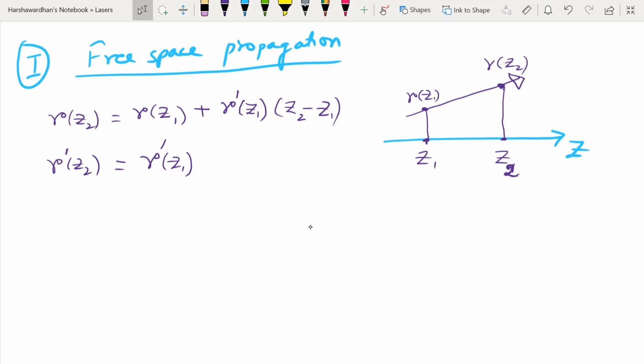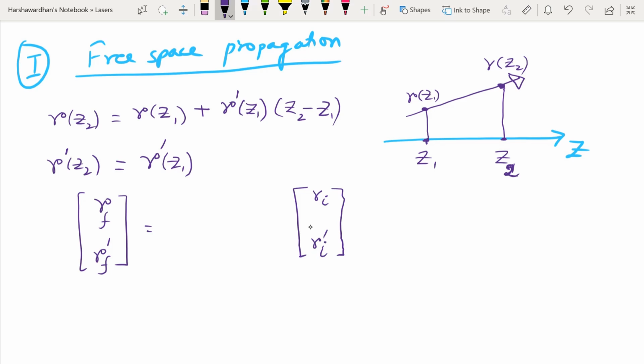So for free space, I can write down my R final and R prime final in terms of R initial and R prime initial. F and I represent final and initial.